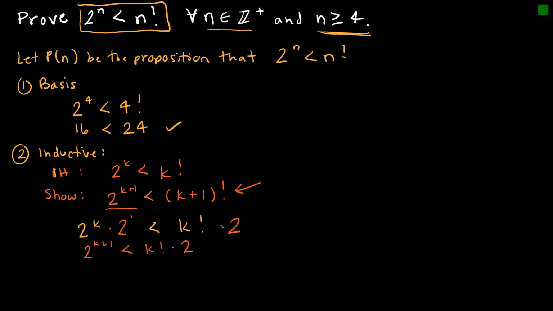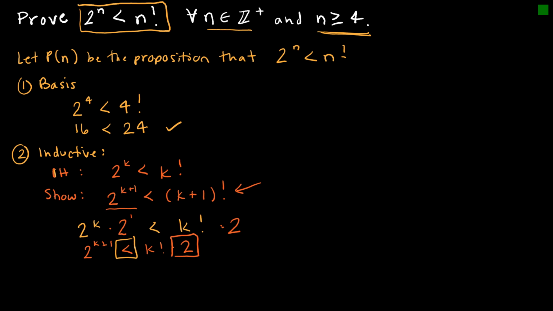And so how am I going to go about this? Remember, because I'm dealing with inequalities, as long as I replace, say, 2 with something greater than 2, then I haven't broken any laws, because all I'm trying to do is preserve the inequality symbol.